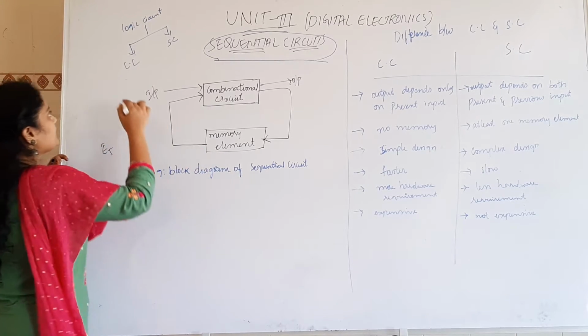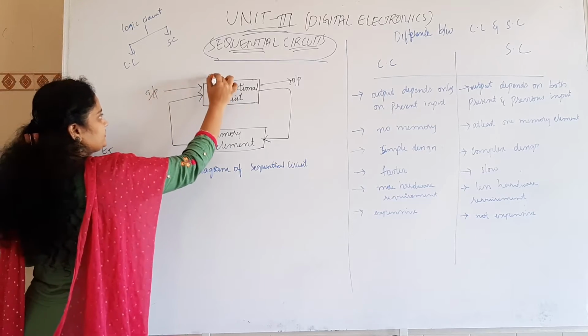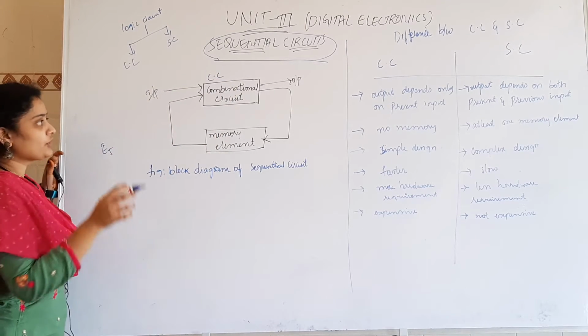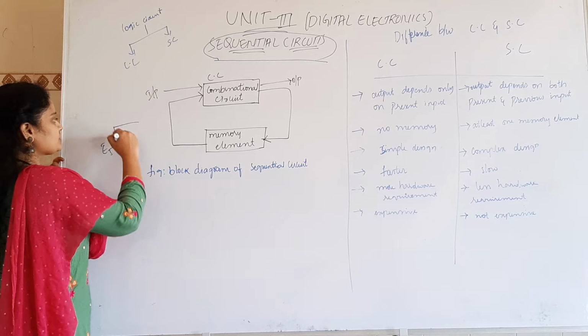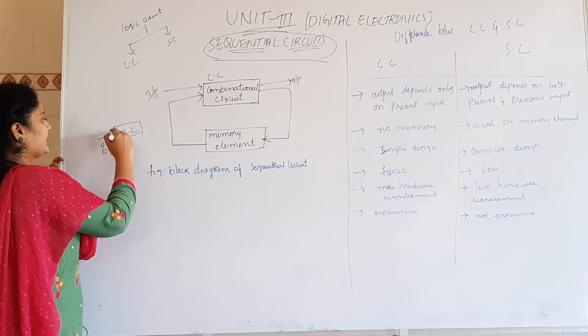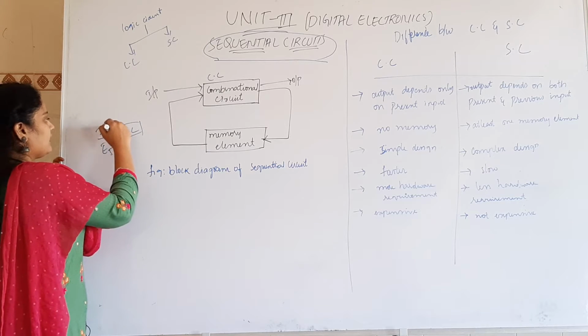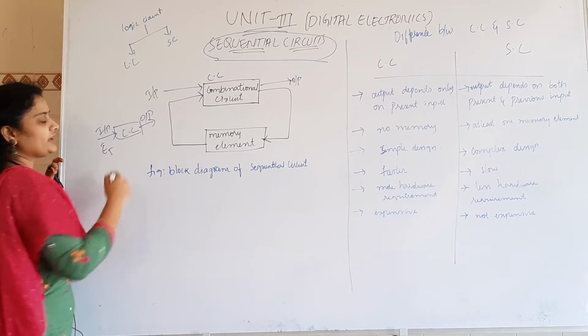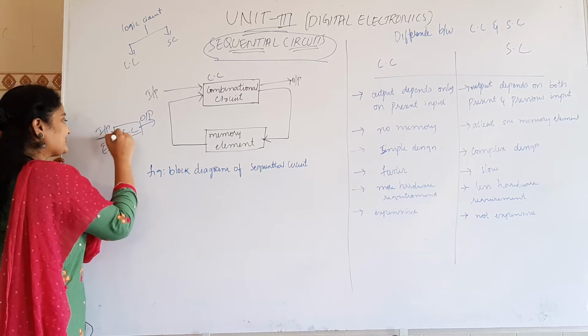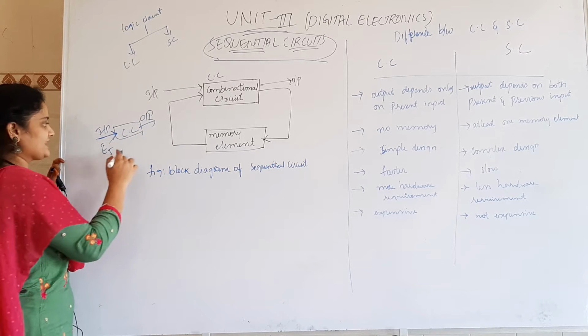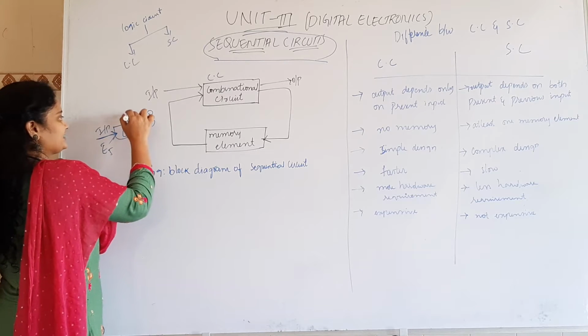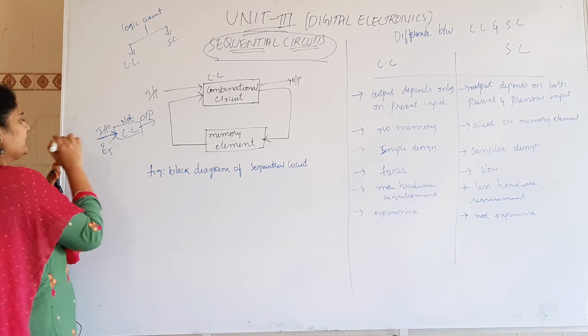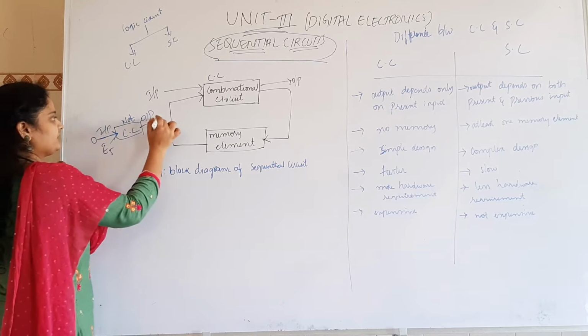So what is a combinational circuit? CC, combinational circuit. A combinational circuit is one in which the output only depends on the present given input. For example, if a NOT gate is there and you give 0, it will give you 1.